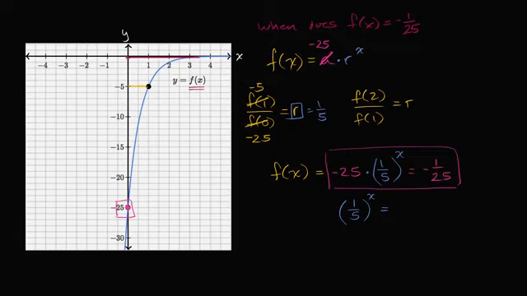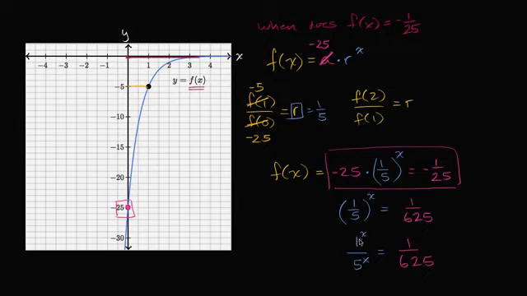It's going to be 1 over 625. And 1/5 to the x power is the same thing as 1 to the x power over 5 to the x power is equal to 1 over 625.